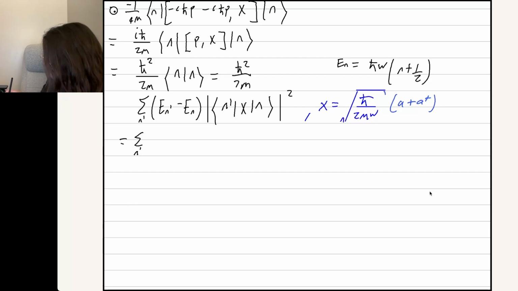We can sum over n prime. We'll have h bar omega times n prime plus a half, minus now, h bar omega times n plus a half.